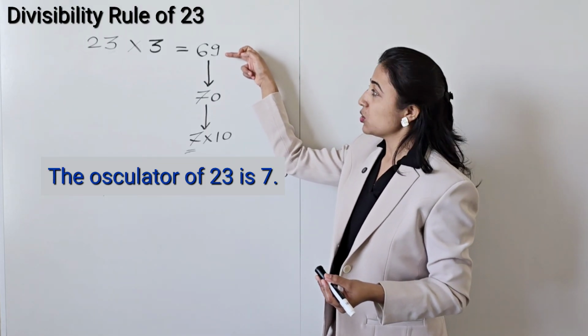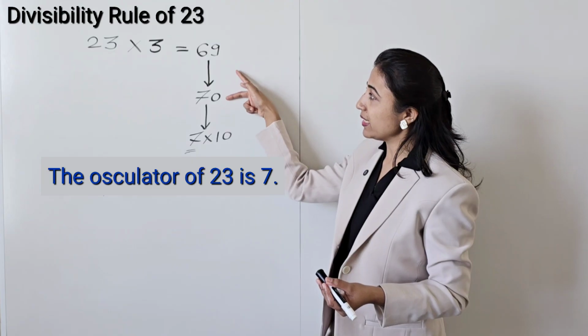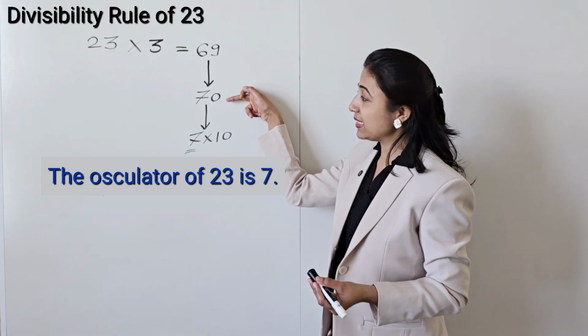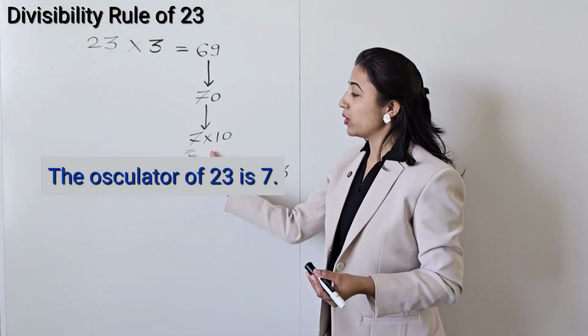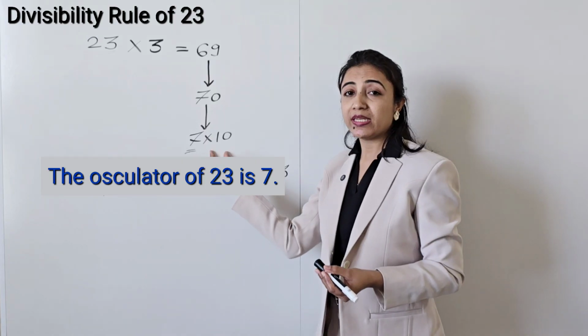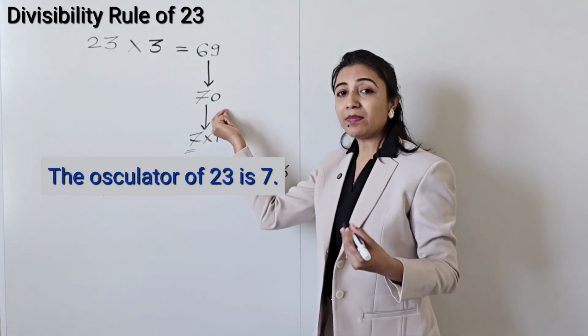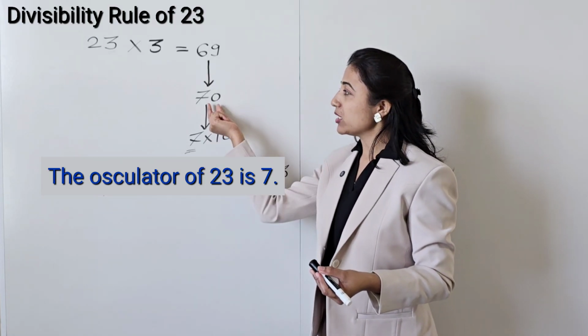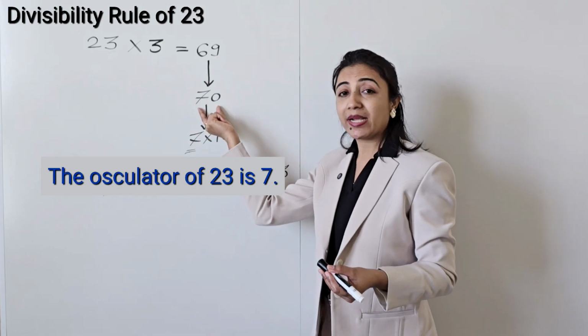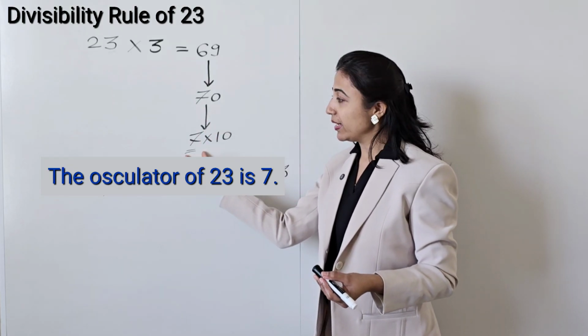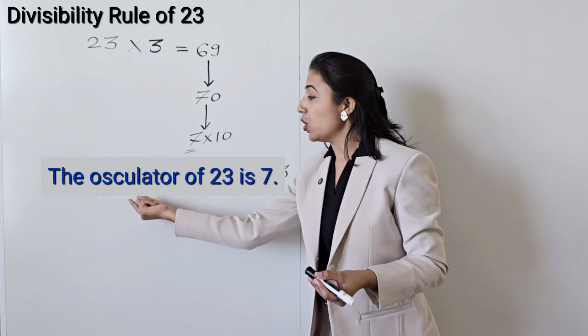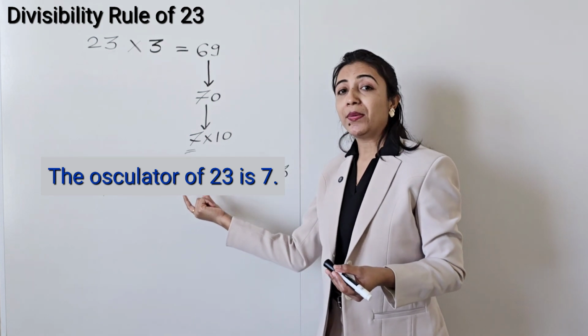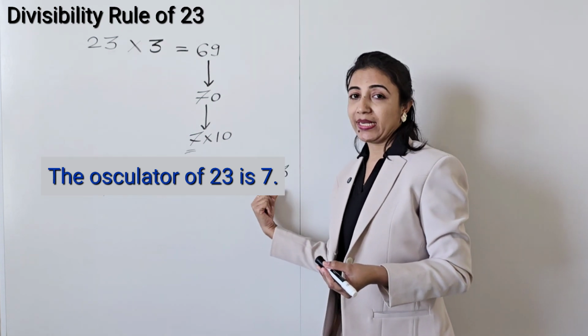So 70 is near to 69, and 70 we can write as a product of 7 into 10. So 10 into which number gives 70? It is 7. So this 7 is called the osculator or multiplier for 23.